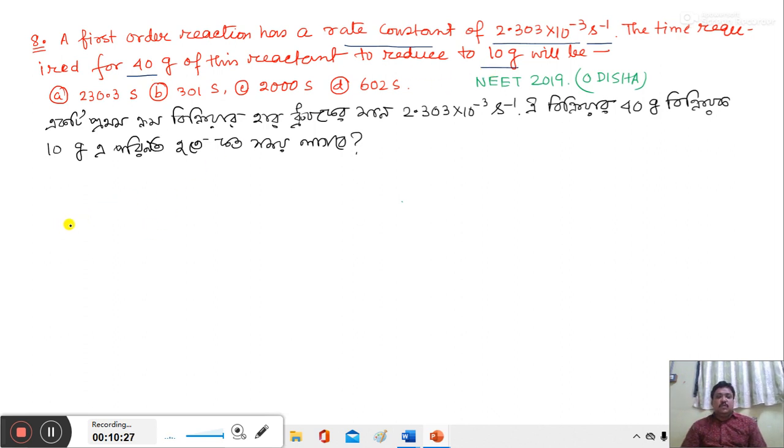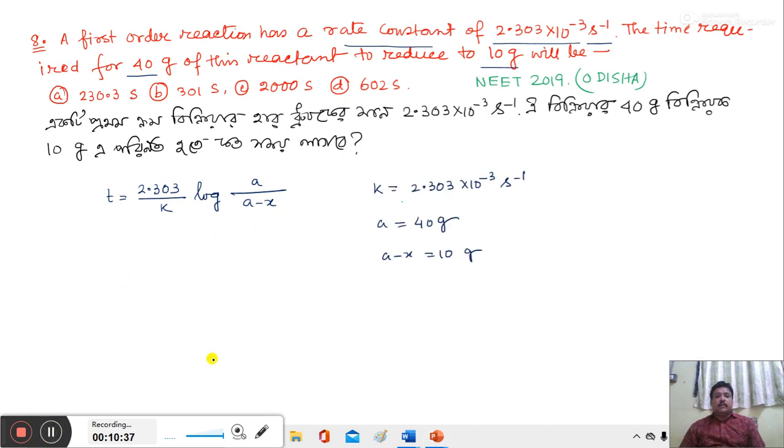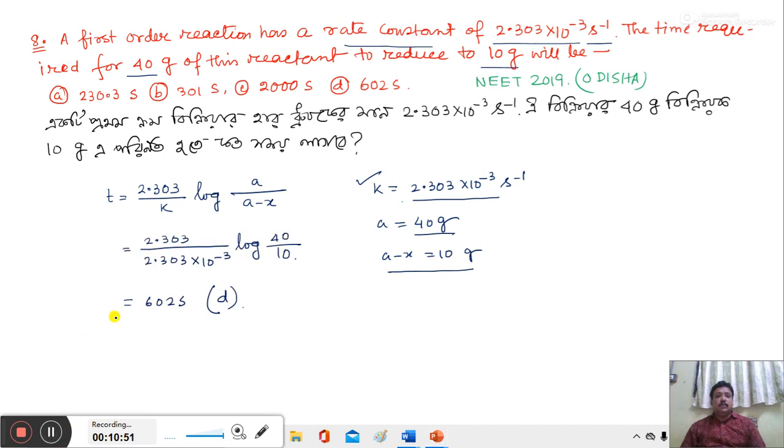Now for a first order reaction we can write T is equal to 2.303 by K log of A by A minus X. According to the question, K is 2.303 into 10 to the minus 3 second inverse, A is 40 gram and A minus X is 10 gram. Putting all these values in this equation, we get the value of T as 602 seconds. So option D is the correct one.